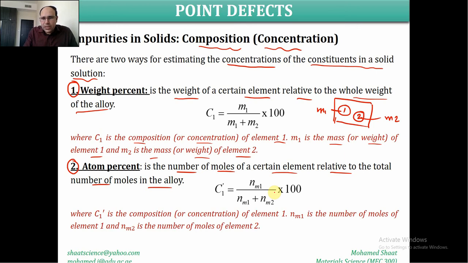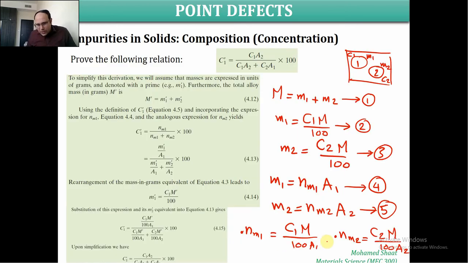So let us plug this in, the Nm1 and Nm2 that we got here, into this expression. So this is C1', the number of moles of element 1 divided by Nm1 plus Nm2, times 100, equals. How much is Nm1? We already got it: C1 M divided by 100 A1, divided by Nm1, which is C1 M divided by 100 A1 plus C2 M divided by 100 A2.